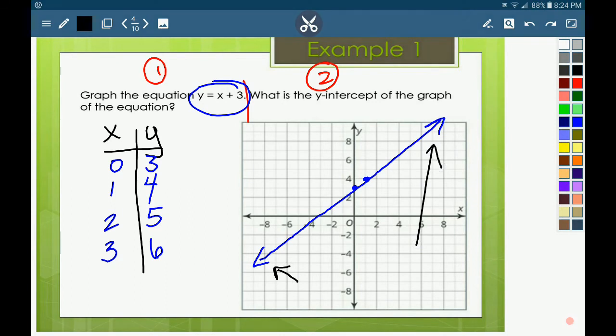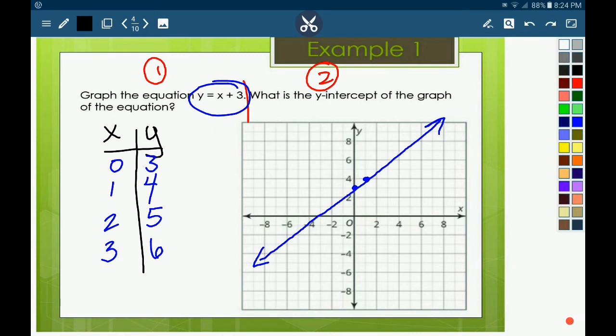A lot of times I'm seeing students not extend their lines to the end of the graph and put arrowheads on each side. That will tell me that the line goes on forever. One of my biggest pet peeves is when students do this little tiny guy. Stretch the graph all the way across, just like that.